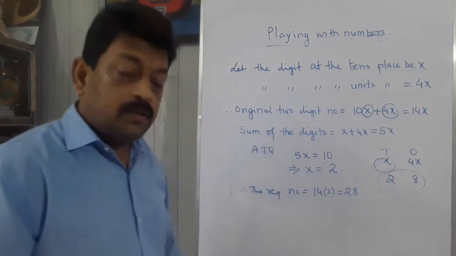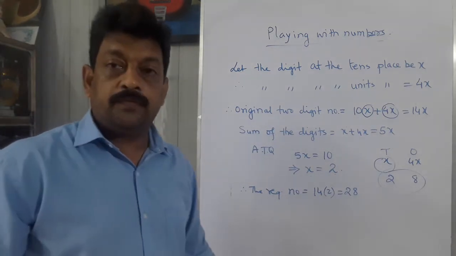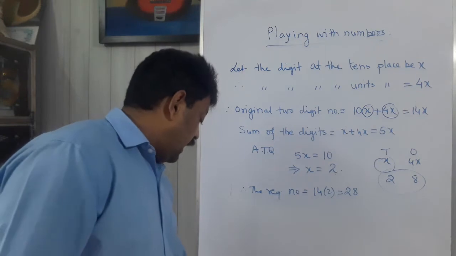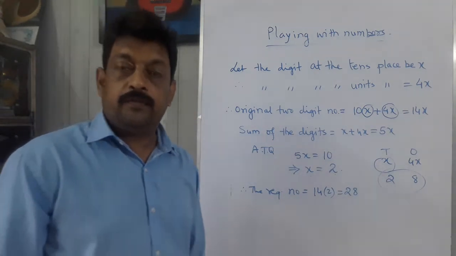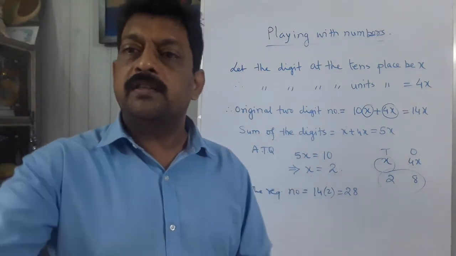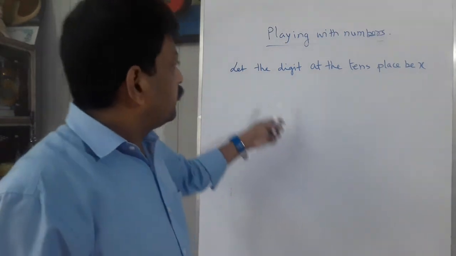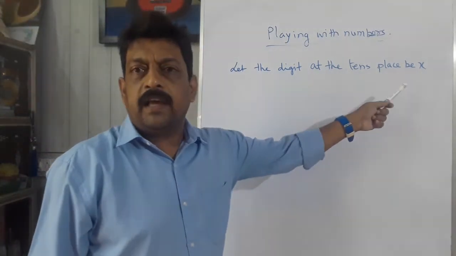The next question is, the unit digit of a 2-digit number is 3, and 7 times the sum of the digits is the number itself. So the unit digit is 3. I can take the tens digit as x. So here I am taking the digit at the tens place as x.